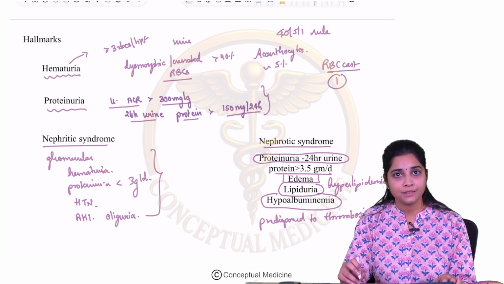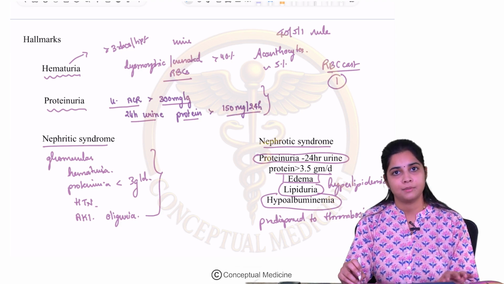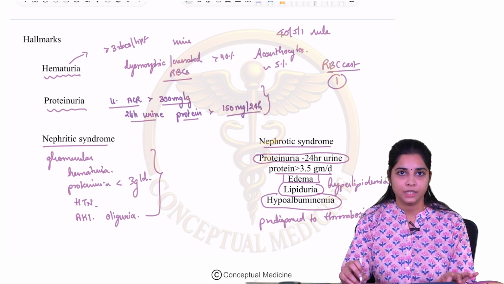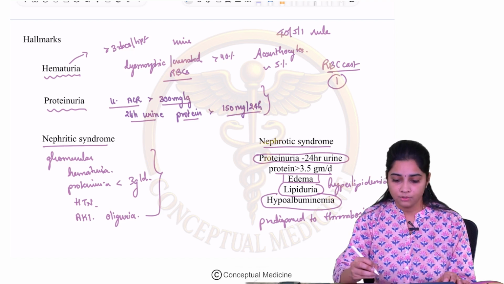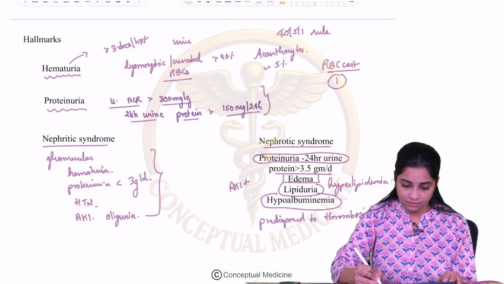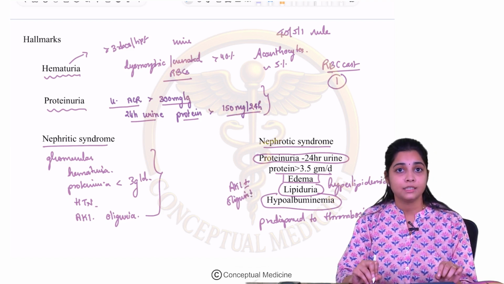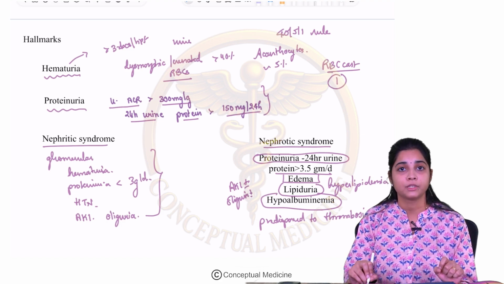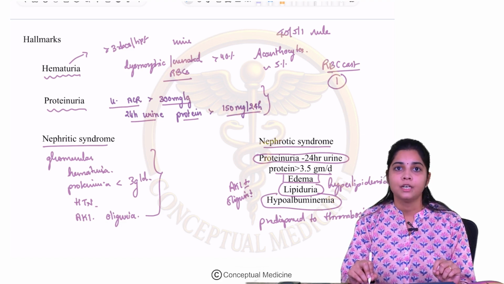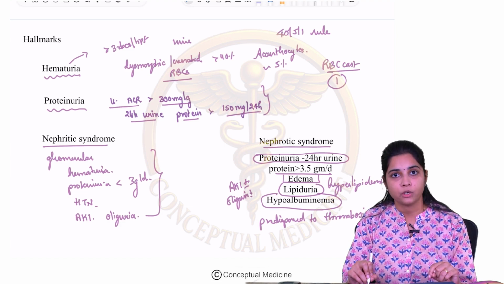So in nephritic syndrome, you have more of hypertension, hematuria, proteinuria, oliguria, AKI. In nephrotic syndrome, you can have AKI, you can have oliguria, but that is not part of your diagnostic criteria. So the highlight here is massive proteinuria of more than 3.5 grams per day. Hematuria is not a component of nephrotic syndrome.